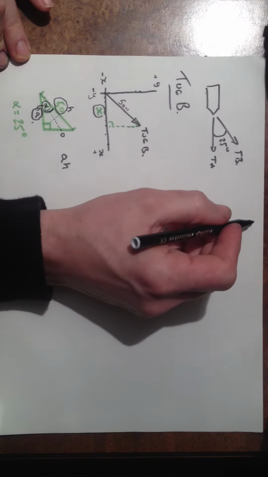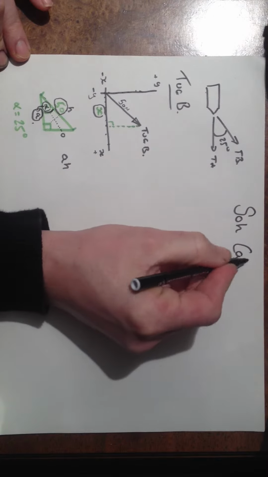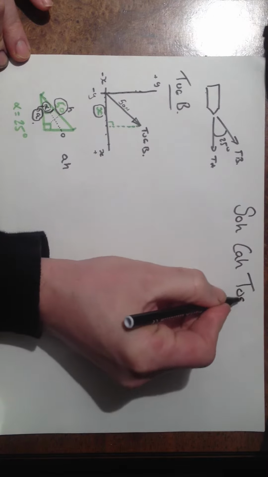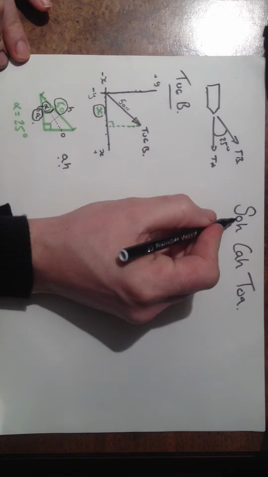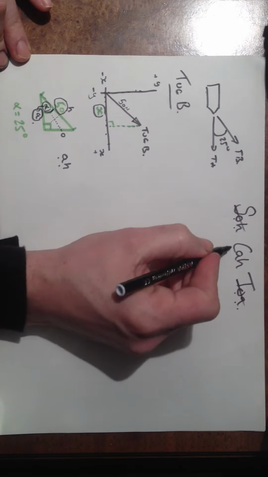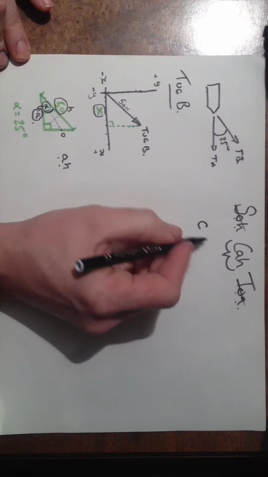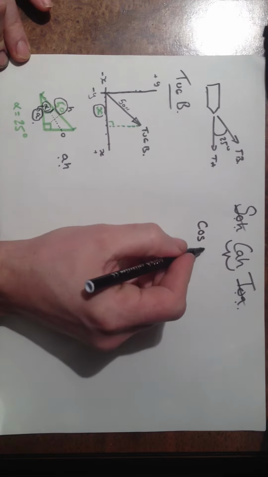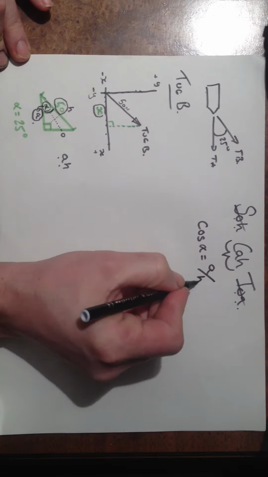So if we remember our special word, soh cah toa. We know A and H. That's O and H, that's no good. O and A, that's no good. A and H, there.